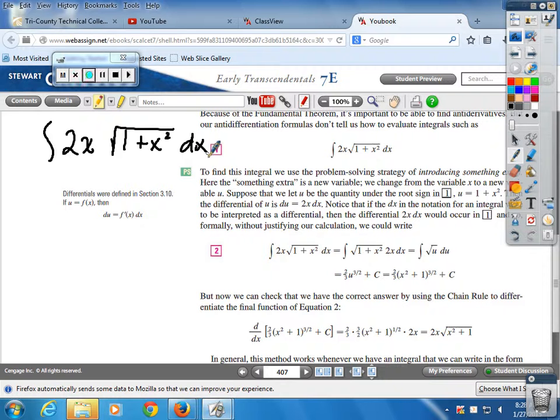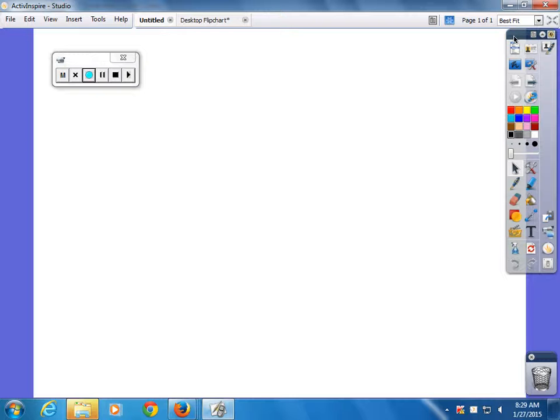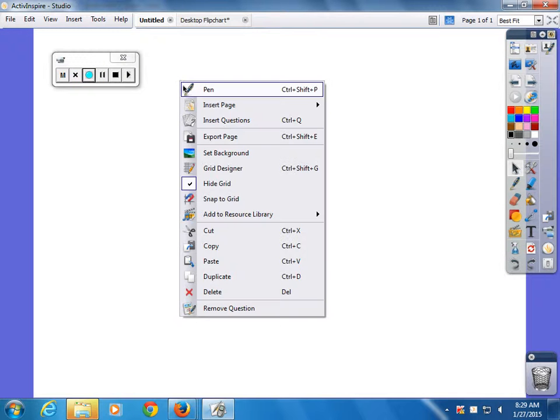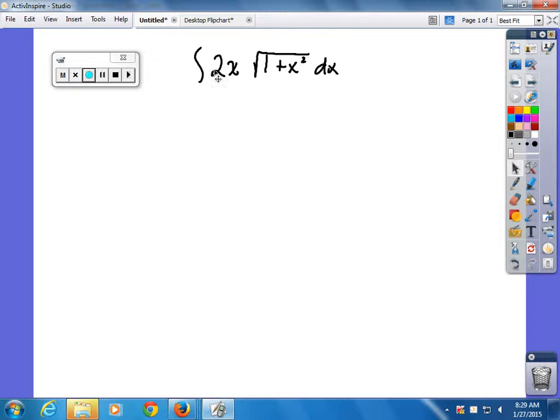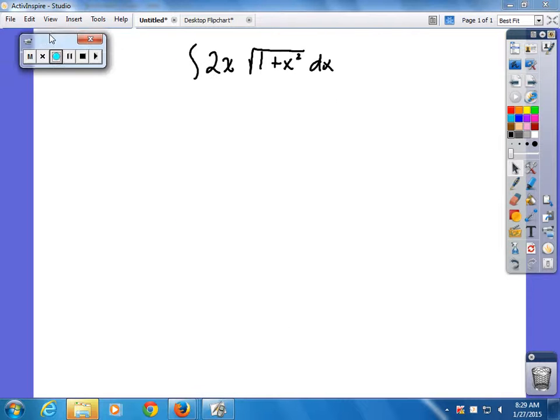And we'll copy it and take it over to the white page and just make everybody aware of how we do substitution.